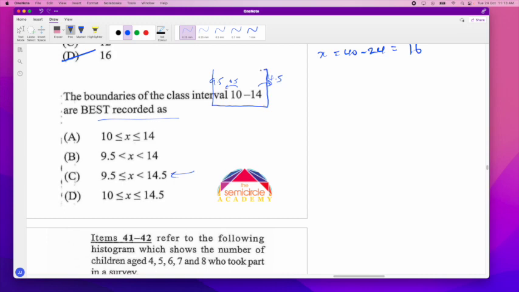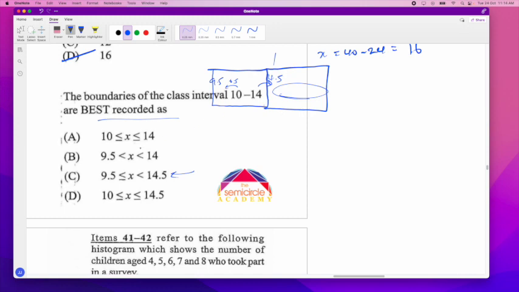The upper boundary will not, because remember the upper boundary is really the lower boundary of the next class, right? So this class really goes up until 14.4. So the boundary in the middle of two classes will always be considered to be the lower boundary of the next class.